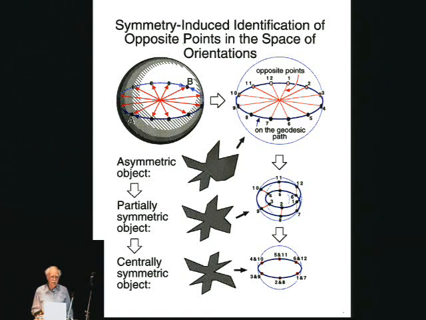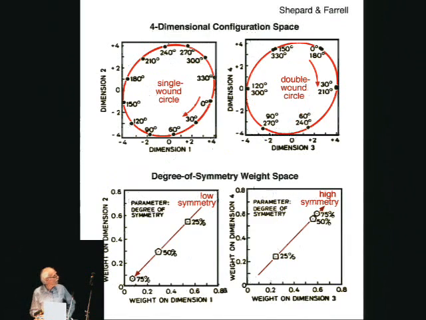Rather exotic object, and you might say, well, Shepard's getting pretty far away from the mind and cognition. There can't be anything like that in the human brain. But in fact, when we applied multidimensional scaling to actual chronometric data collected from subjects, we got a 4-dimensional solution in which 2 dimensions, the one shown by the plot at the top left, gave the single wound circle, and the other one on the right was the double wound circle, and when in the four-dimensional space, these are exactly that intermediate curve that exists in four-dimensional space, and you can show for objects of different degrees of symmetry, you got different weightings of the single wound or the double wound circle, and that's shown at the bottom for 25%, 50%, 75% symmetry, so that you get virtually no weight on the double wound circle.